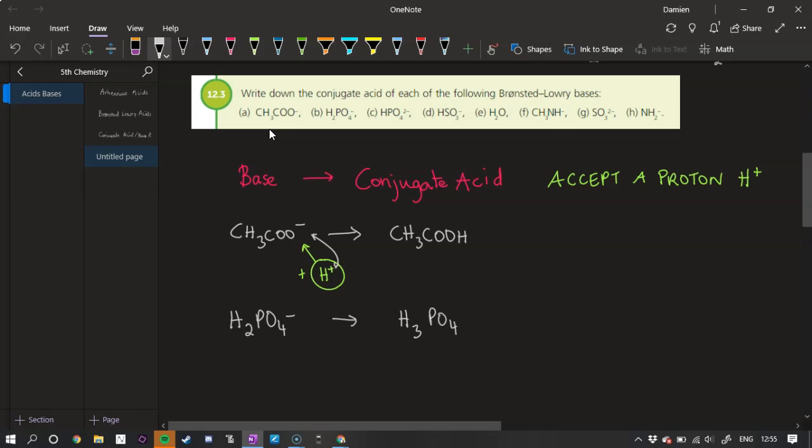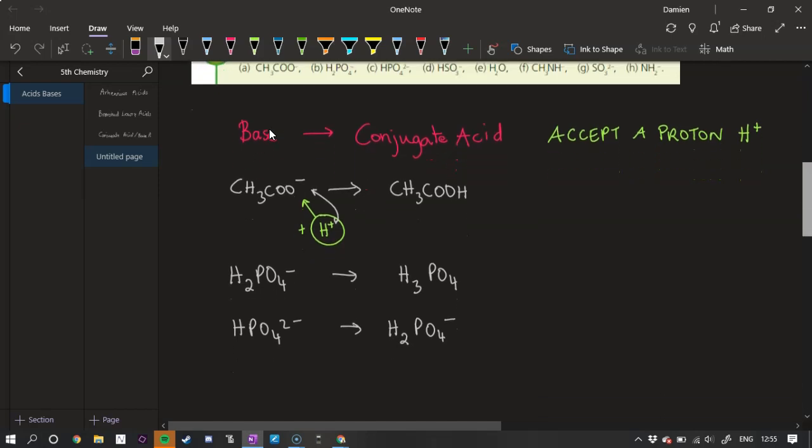The negative goes to neutral because you're adding on a positive charge. Then we have HPO4 2-. That's going to become H2PO4. Again, you're adding on the proton, and when you add on a proton, you're adding on a positive charge. So it goes from 2- to single negative because you're getting more positive.